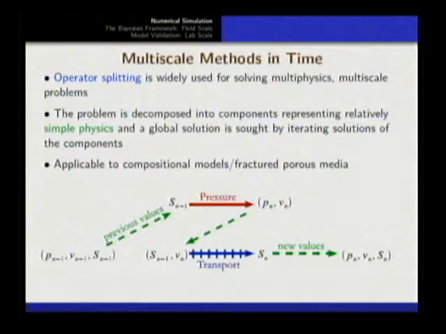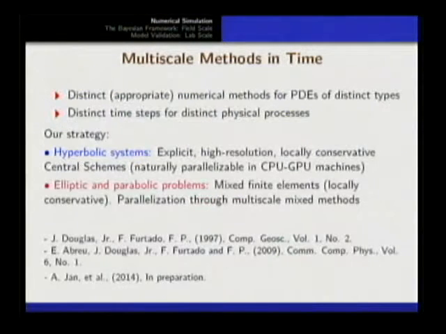So this is the basic idea. And it allows us to use distinct numerical methods for distinct PDEs, and moreover, for computational efficiency, distinct time steps for distinct physical processes. Our combination of methods consists of high-resolution central schemes for hyperbolic systems.